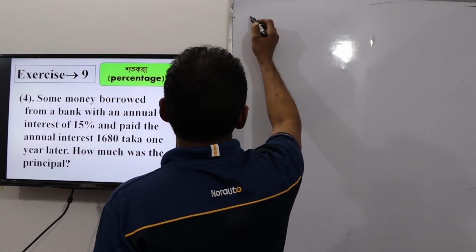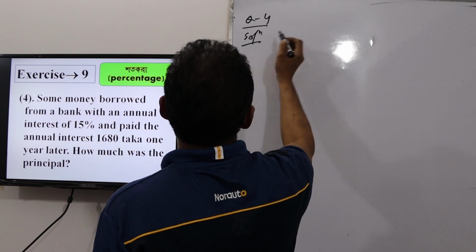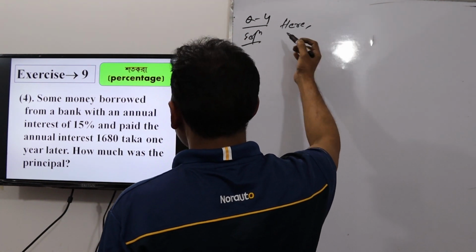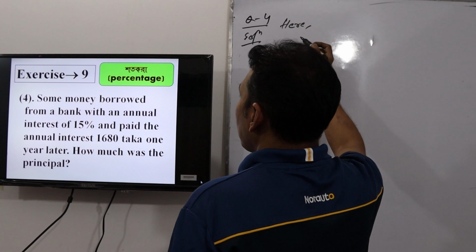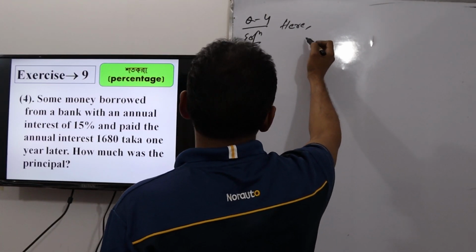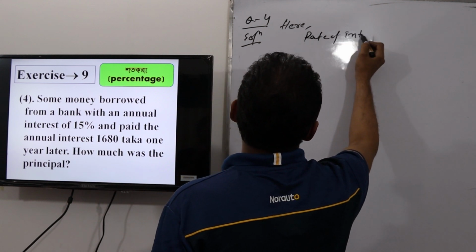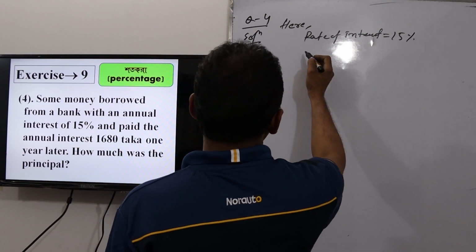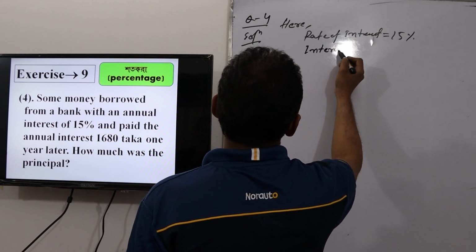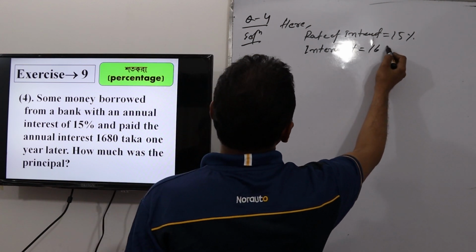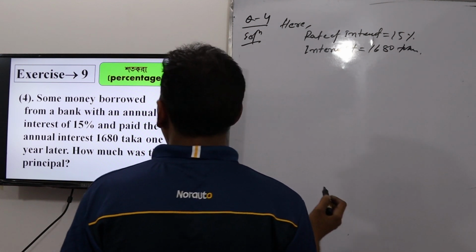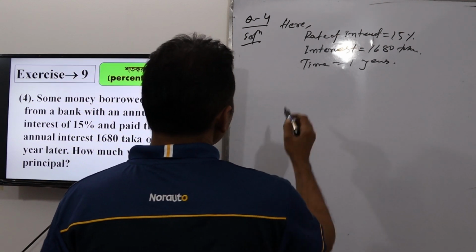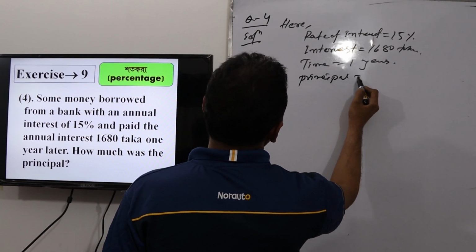Question number 4 solution: write the given information. The rate of interest equals 15% and the interest equals 1680 taka one year later, that is, time equals 1 year. How much was the principal?